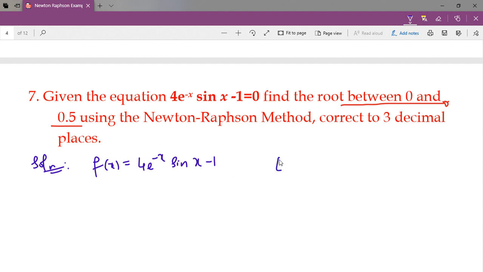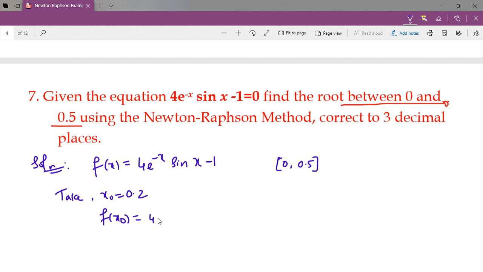What is the given interval? 0 and 0.5. So we shall start with taking x naught is equal to 0.2. You can take any value between 0 and 0.5. I am taking x naught as 0.2. You can start with 0.1 also, 0.3 also, no problem.